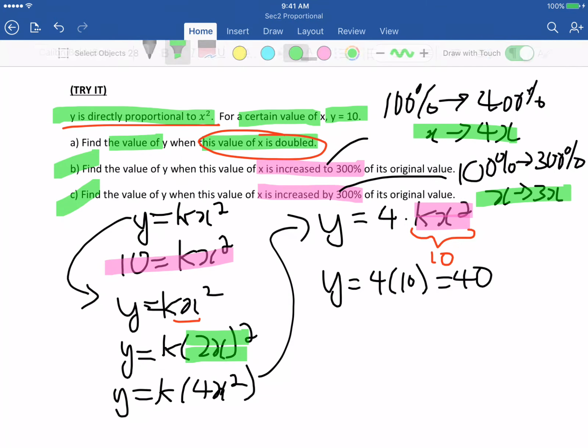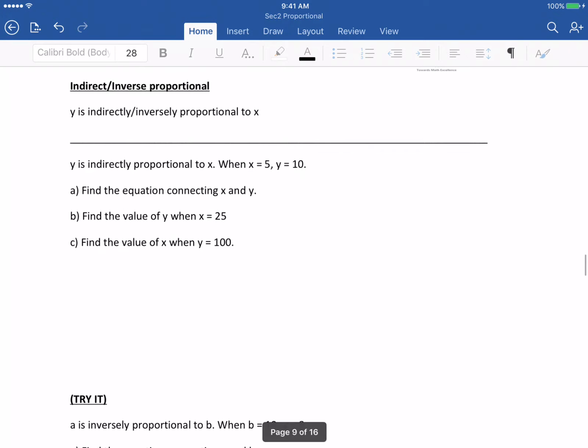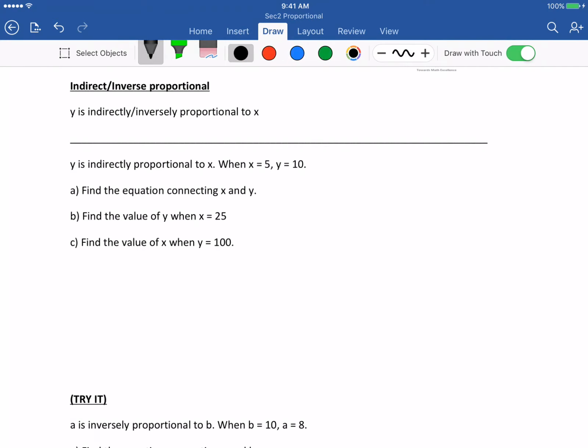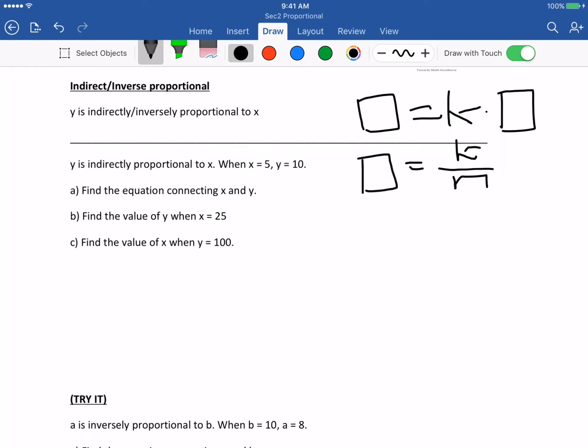Okay, let's move on. So just now we did direct proportionate. So we know that in direct proportionate will be something equals to k times something. For indirect proportionate, remember the format will be something equals to k over something. For example, y is inversely proportional to x. So we just write y is equals to k over x.